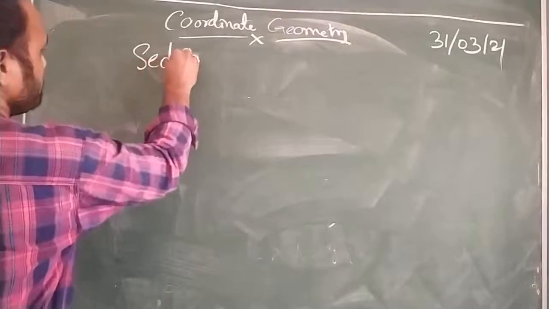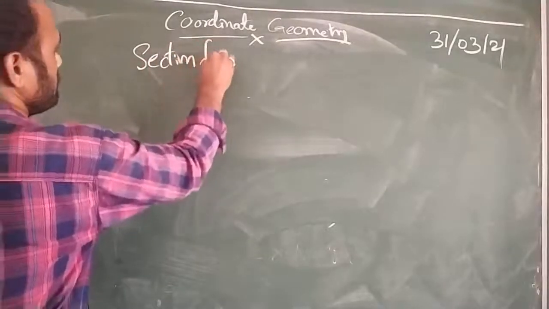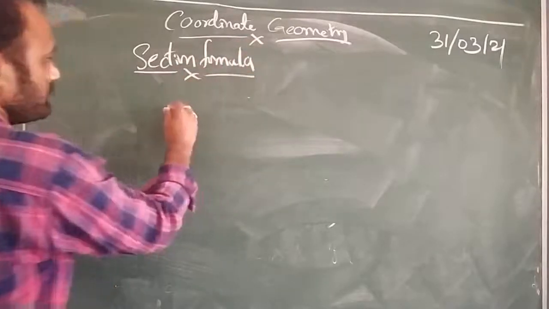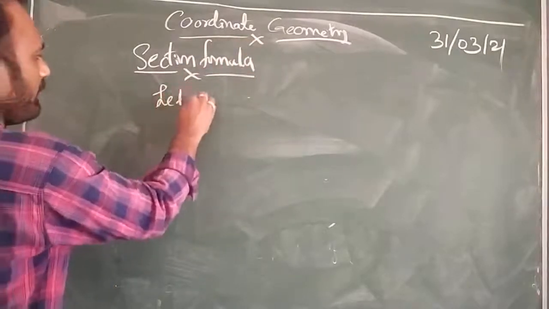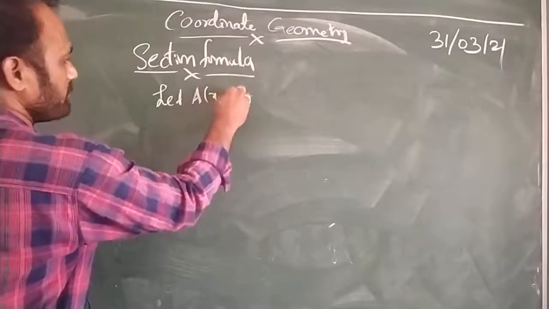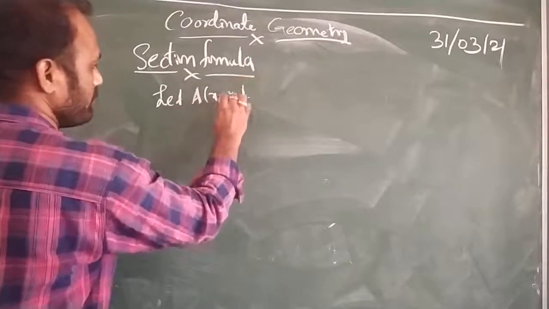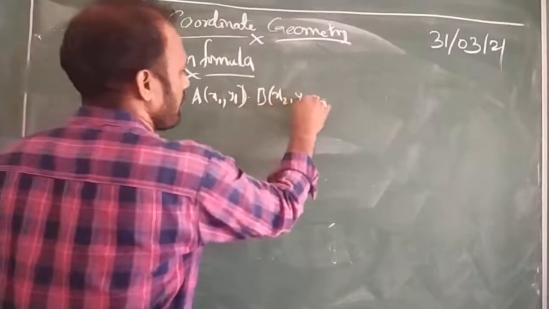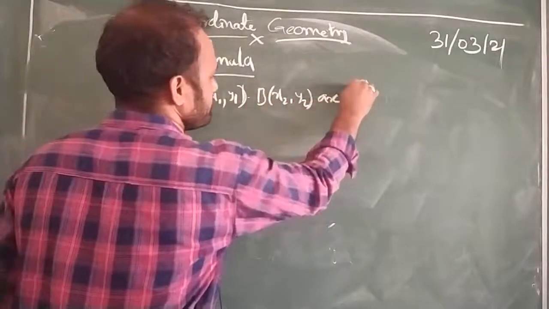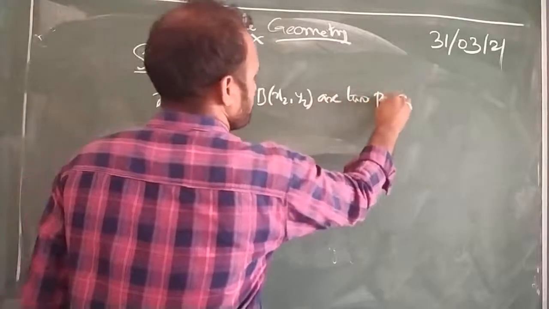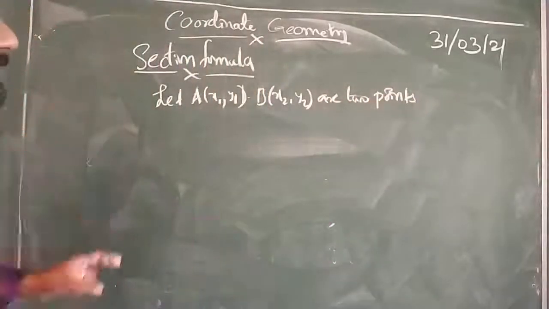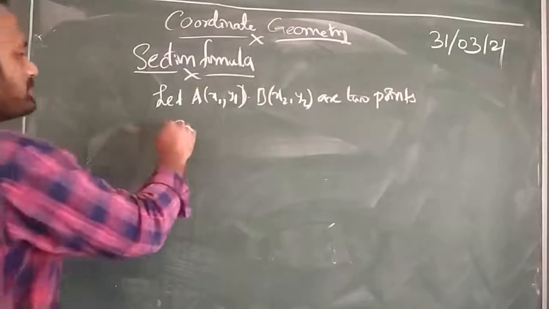See here. Let A (x1, y1) and B (x2, y2) be the 2 points.